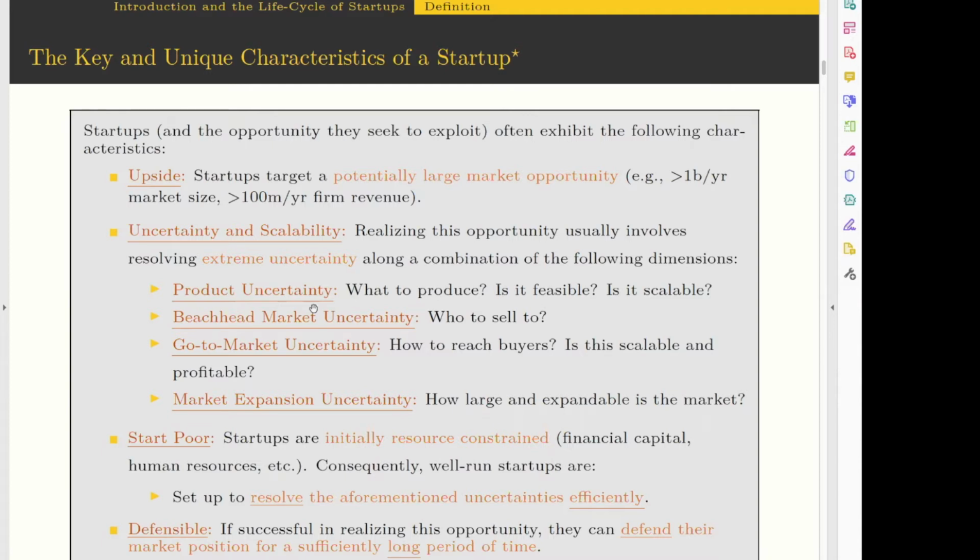Then after you resolve that, another type of uncertainty is market expansion uncertainty, right? Because you might figure out the go-to-market for college students, but how do you go from that to a broader go-to-market that gets everyone? In some cases, it's pretty easy to go from one to the other, but in other cases, you need to refigure things out completely, right? Maybe you're a startup in the healthcare sector. You figured out how to grow in Canada, fabulous. Now you want to expand to the US, which is a humongously bigger market, but guess what?